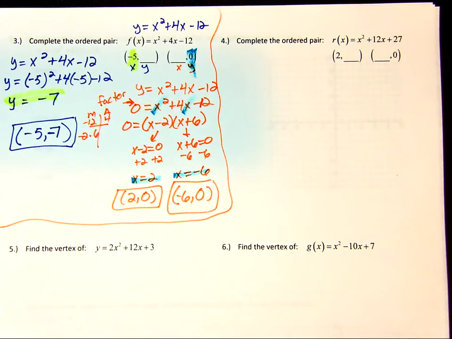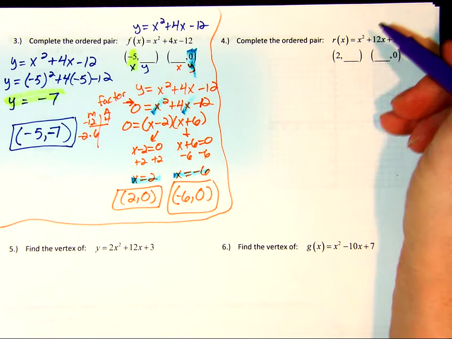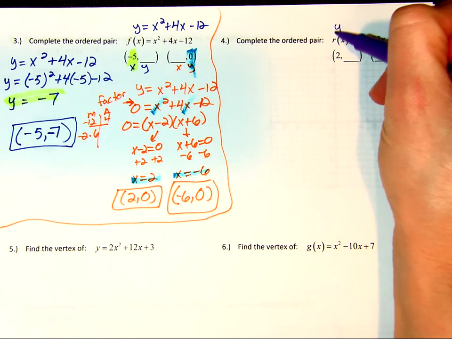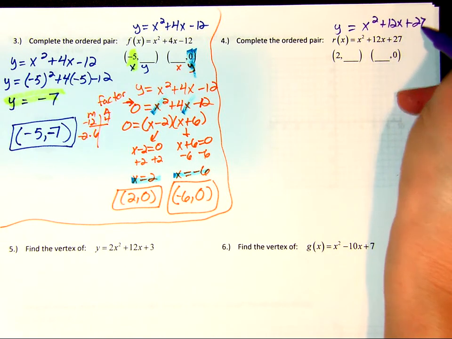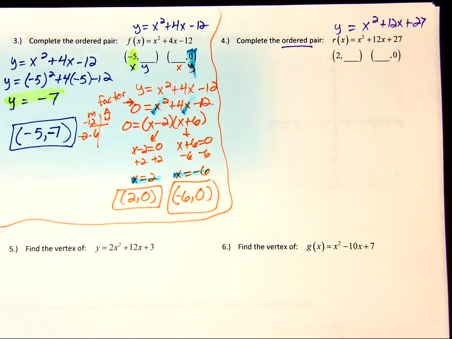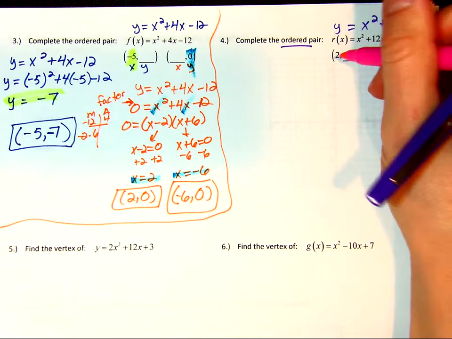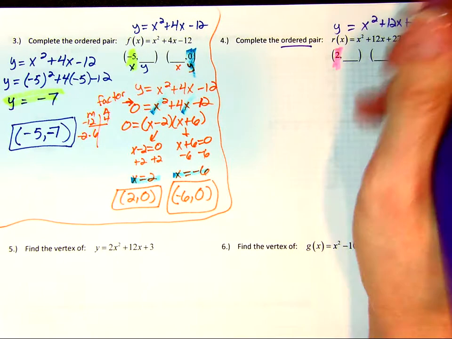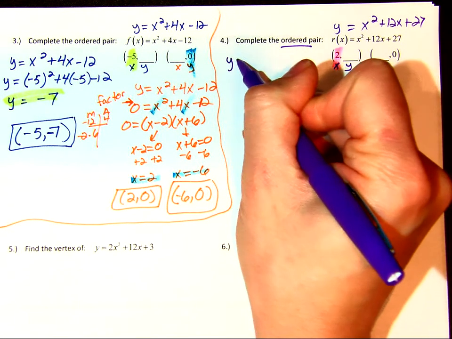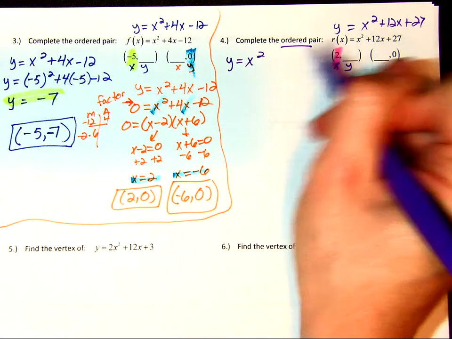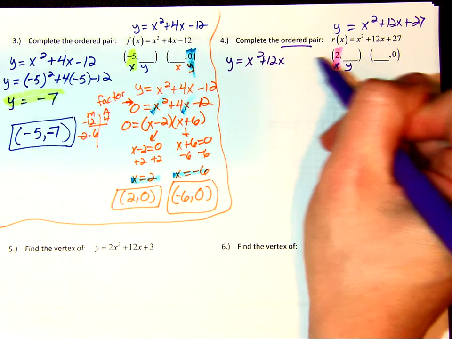Same basic idea here. Even though it says r of x, this really means y equals x squared plus 12x plus 27. And again, they're asking us to complete the ordered pair. So here we know the 2, and the 2 is our x value. So if x equals 2, we can plug 2 into y equals x squared plus 12x plus 27, putting 2 in its place.